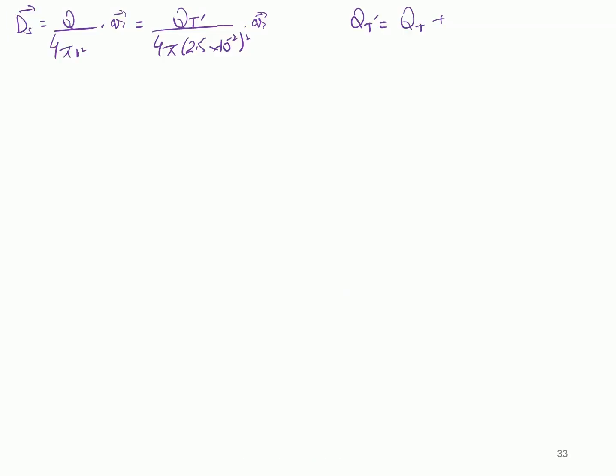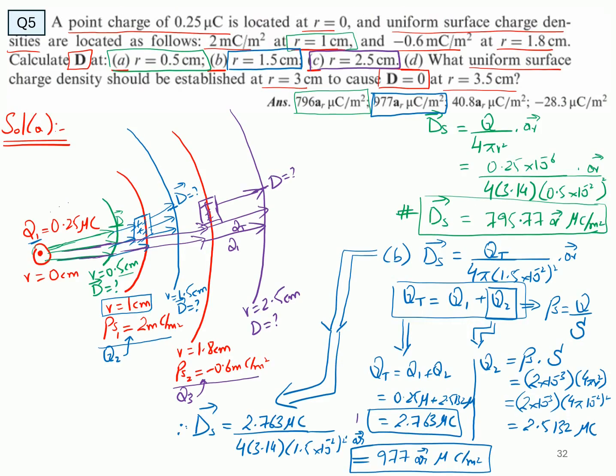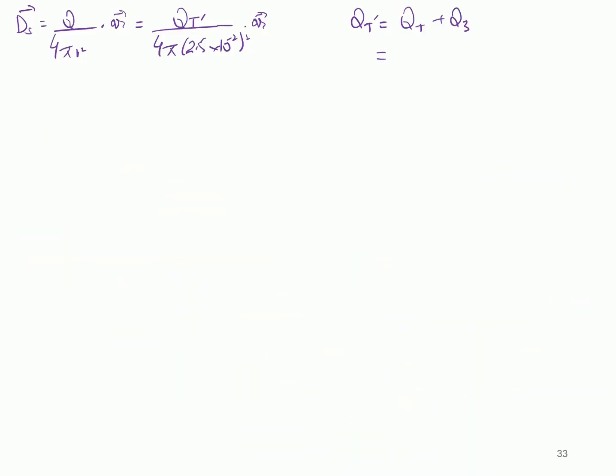I already know the value of qt, that is 2.763 microcoulomb, plus I need to find q3.